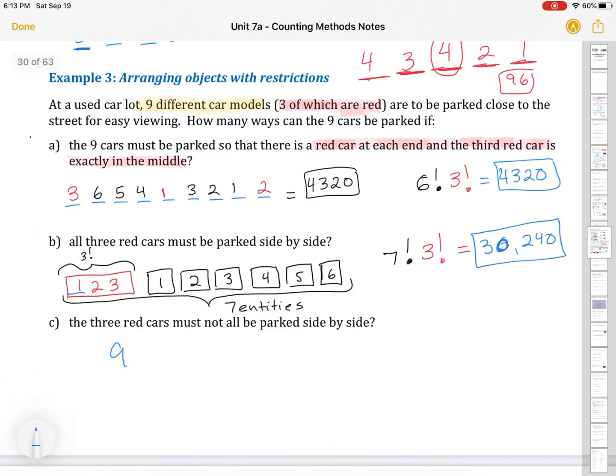So we're just going to shuffle it. There's 9. I think it's just going to be 9 factorial.